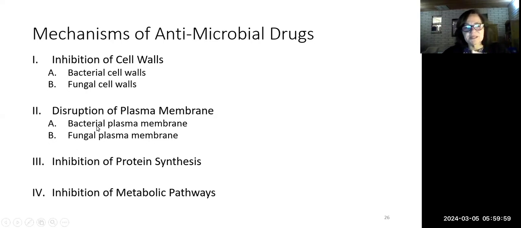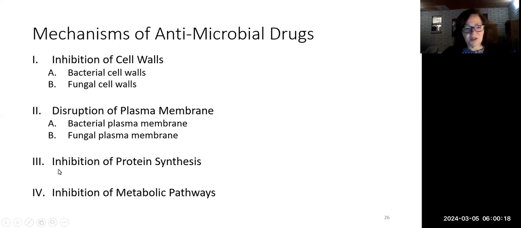And with antibacterial drugs, mostly we inhibit the formation of the cell wall, and there's a little bit of drugs that inhibit the plasma membrane of bacteria.